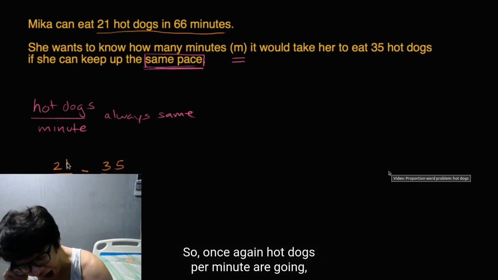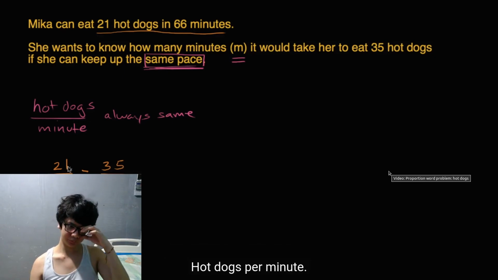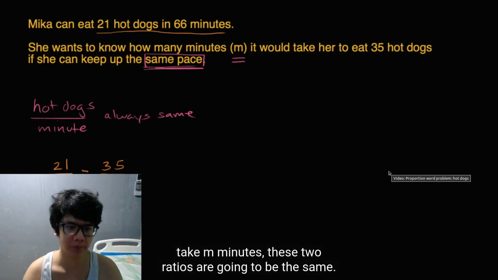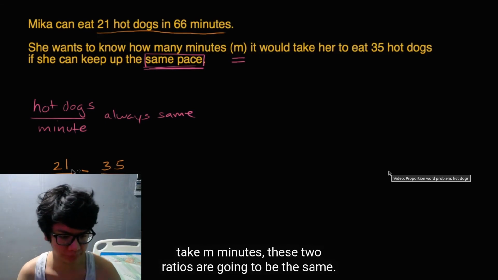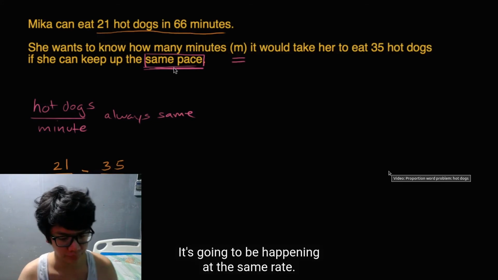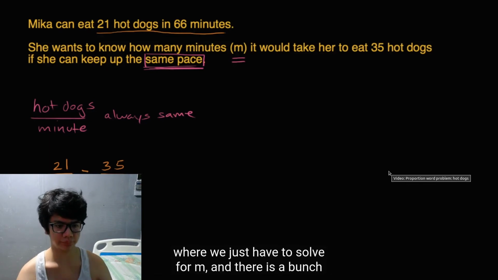So once again, hot dogs per minute has to be a constant. If it takes 21 hot dogs 66 minutes, then 35 hot dogs take M minutes, and these two ratios are going to be the same. We're dealing with a proportional relationship, happening at the same rate. And then we're left with a situation where we just have to solve for M.